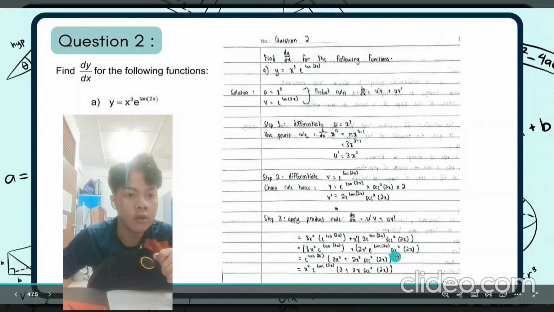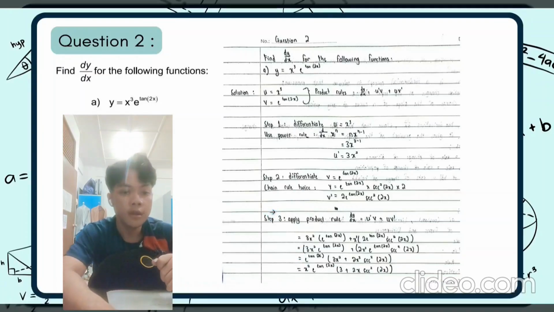If we see here, both sides have the same value, x squared and e power tan 2x, so we take it out of the bracket and bring it in front, and we get the final value 3x squared e power tan 2x, in bracket 3 plus 2x sec squared (2x).